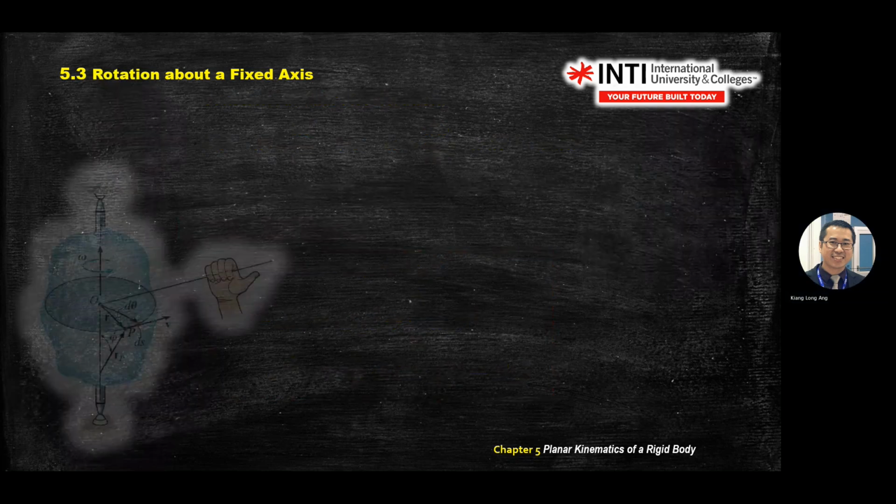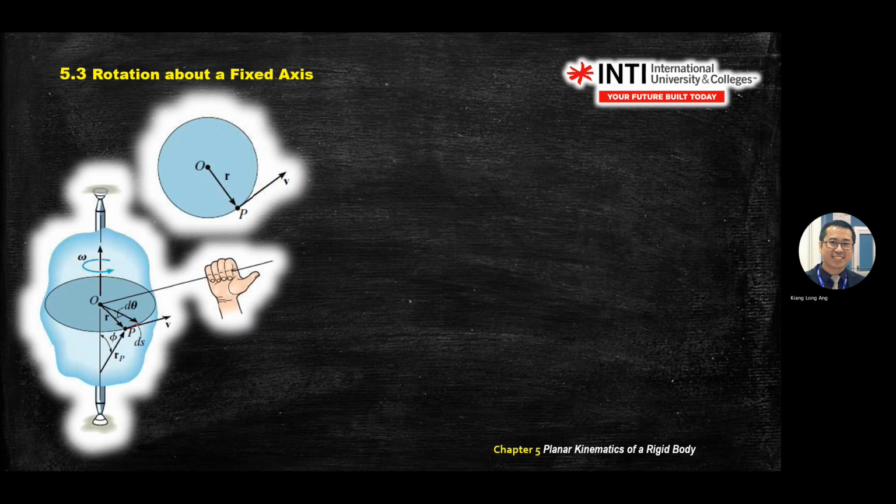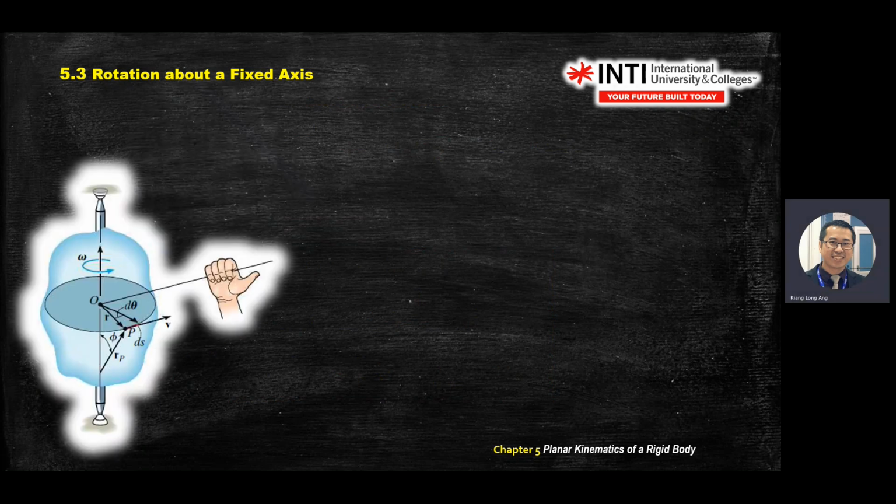Okay. All right. Now, if you look at the diagram just now, we add in a little bit on the diagram, and it looks complex, but actually you already know all this. You look at the diagram, this is circular motion. You look at point P. Point P is moving in circular motion.